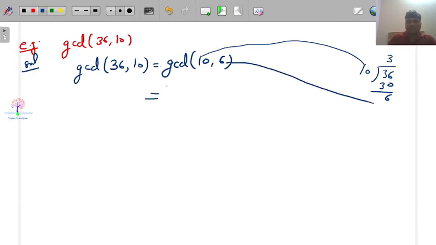Again apply this, 10 divided by 6, 1 times 6, remainder 4.